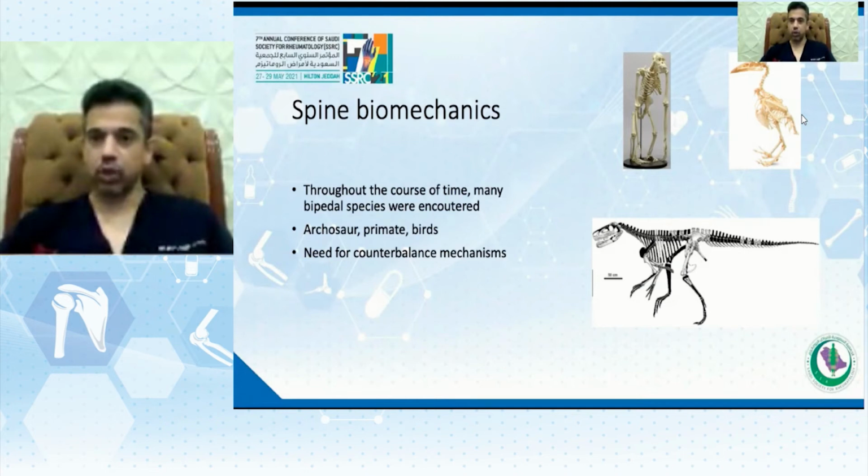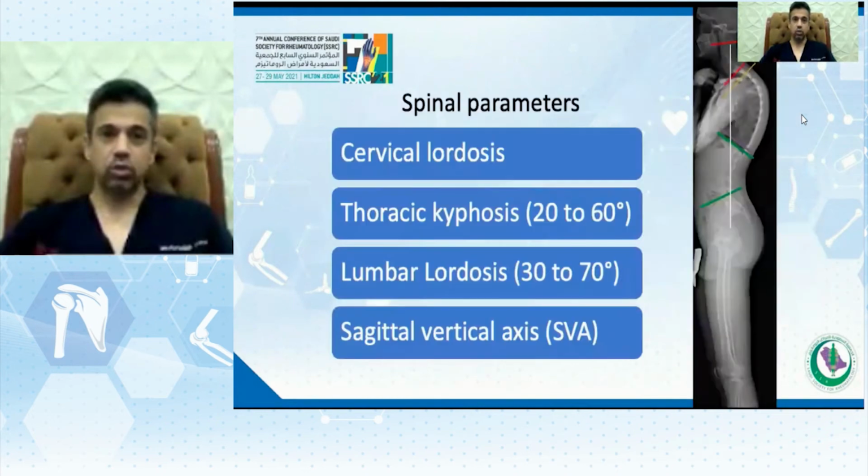The primate bird as well, with the long neck and head at the front and reversed knee articulation, was maintaining the balance, and the same for the monkey with the long arms. So the balanced spine is extremely important to have the alignment.